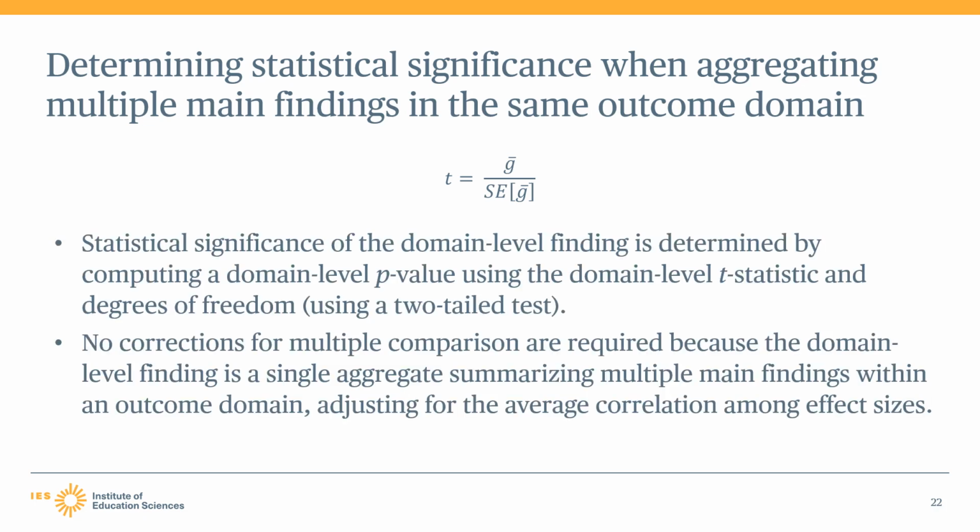The WWC uses the domain-level t-statistic and degrees of freedom to compute the domain-level p-value. If the p-value from a two-tailed t-test is less than 0.05, then the domain-level finding is statistically significant. No multiple comparison corrections are required because the domain-level finding is a single aggregate summarizing across multiple main findings within an outcome domain, adjusting for the average correlation among effect sizes.